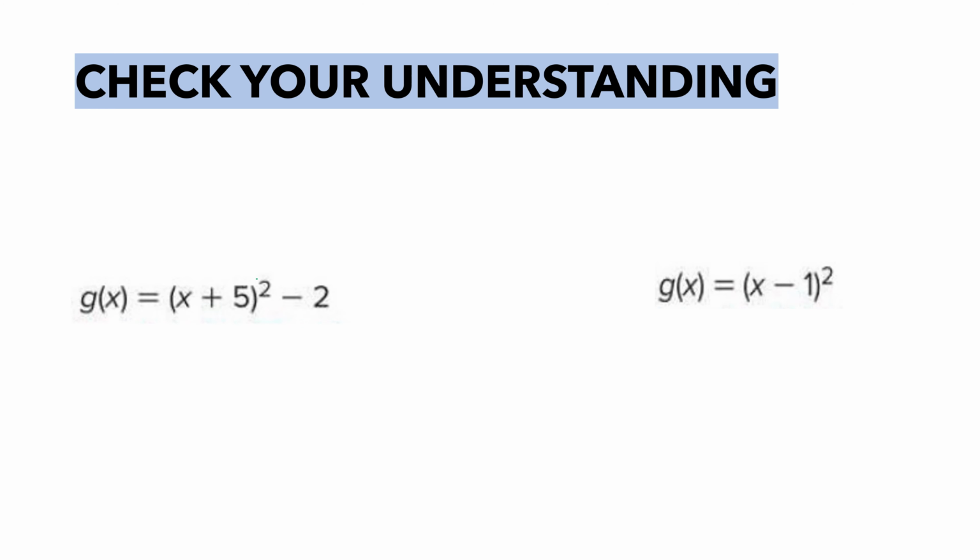And it's plus, so it would move towards the left. So plus 5 would move towards the left. And minus 2 is outside the bracket, so it would move either up or down. For minus 2, it will move down because it's a negative number.